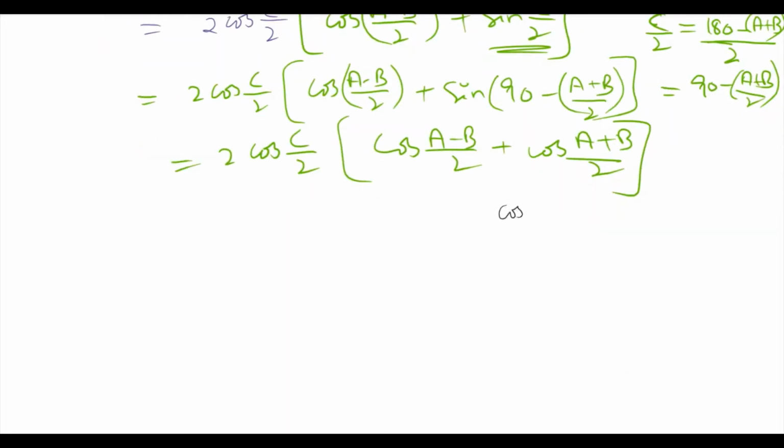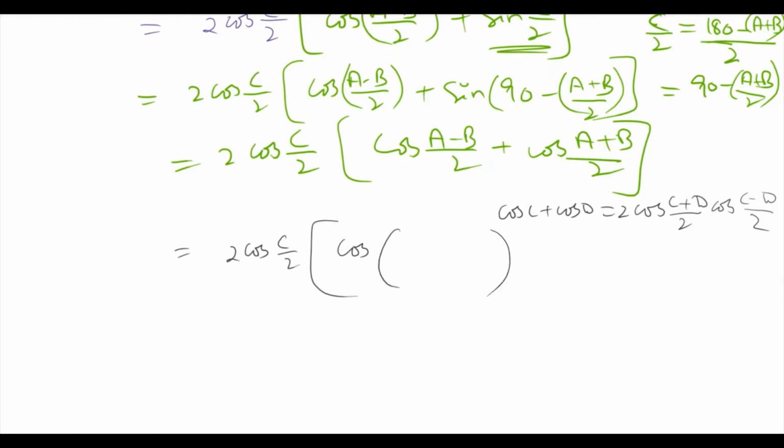Now we know that cos C plus cos D equals 2 cos of (C plus D)/2 into cos of (C minus D)/2. So this is the formula for cos C plus cos D, that equals 2 cos C/2 into cos of (C plus D)/2, which is (A minus B)/2 plus (A plus B)/2, into cos of (C minus D)/2.